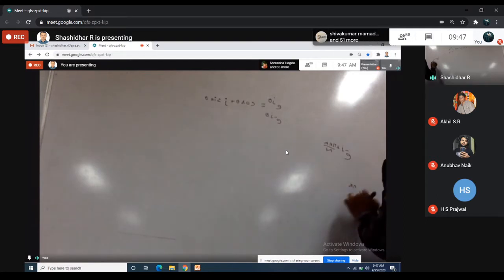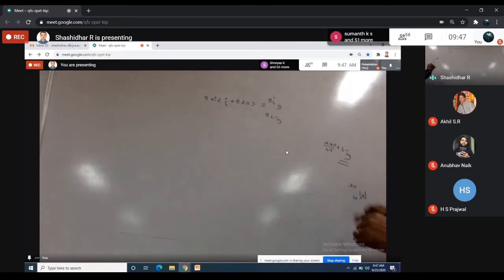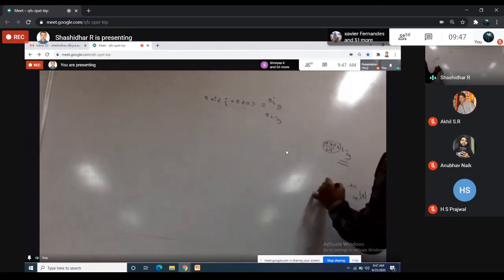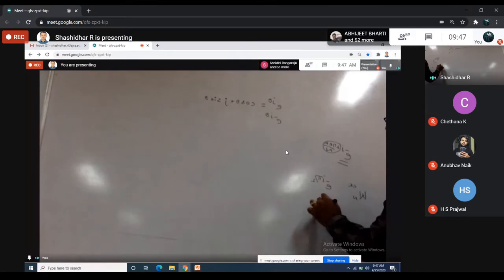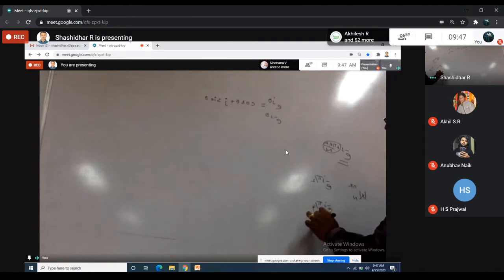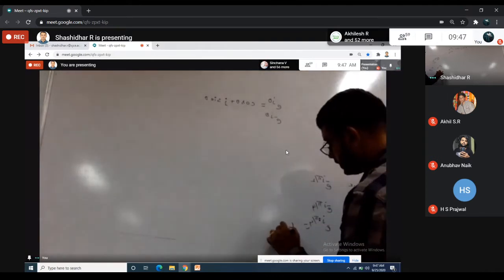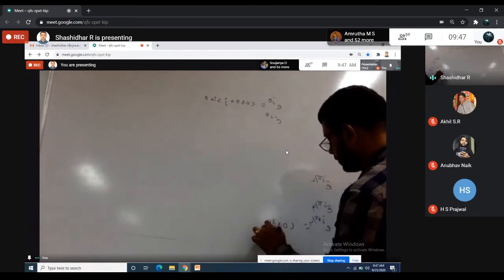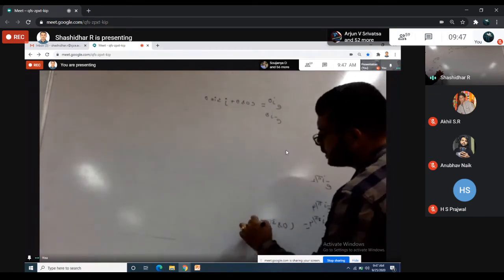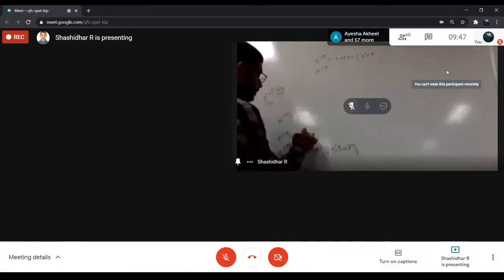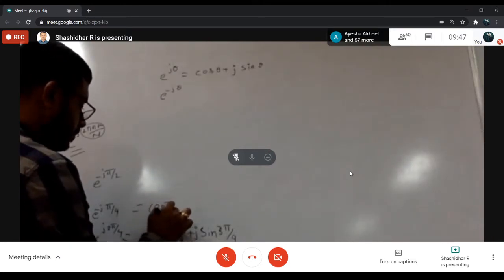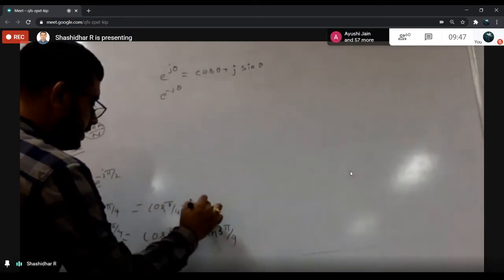So when you find the values of e to the power of minus j theta, the theta value may be minus j pi by 2, or minus j pi by 4, or last class e to the power of j 3 pi by 4. So what is the value? Cos 3 pi by 4 plus j sin 3 pi by 4. For the other, cos pi by 4 minus j sin pi by 4.